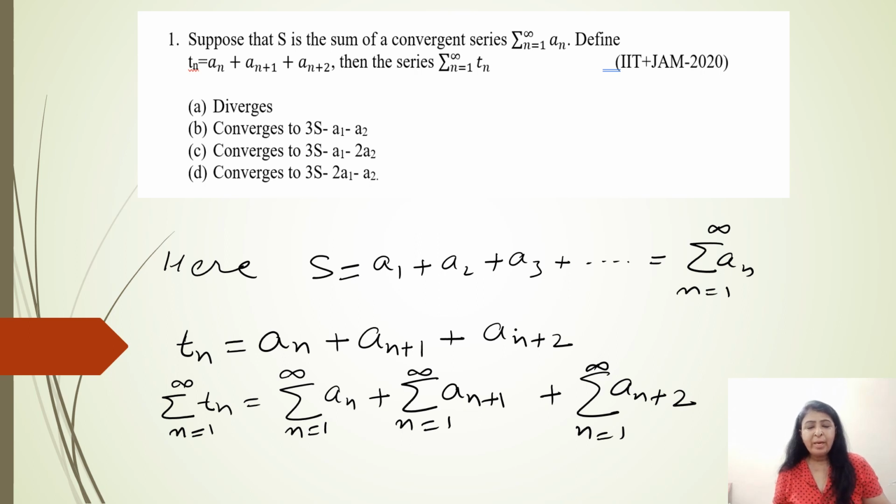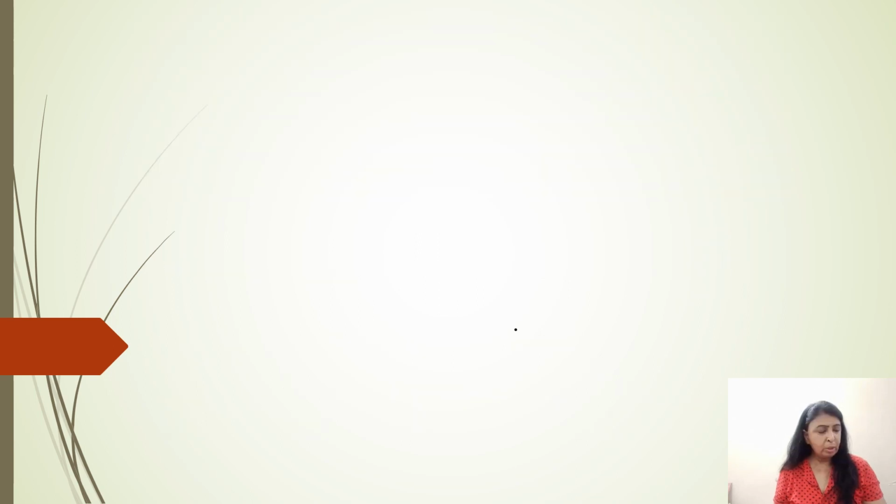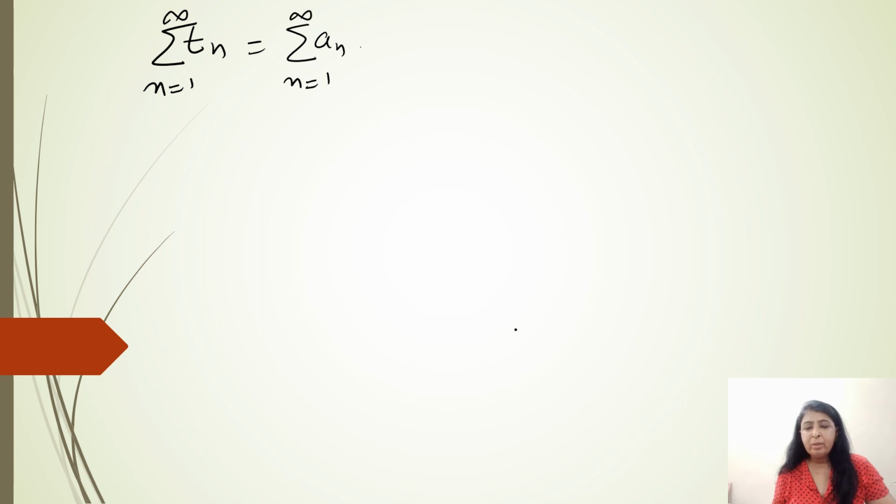Now when we expand this series, we get sigma Tn, n varies from 1 to infinity, equal to sigma an plus sigma an plus 1 plus sigma an plus 2.